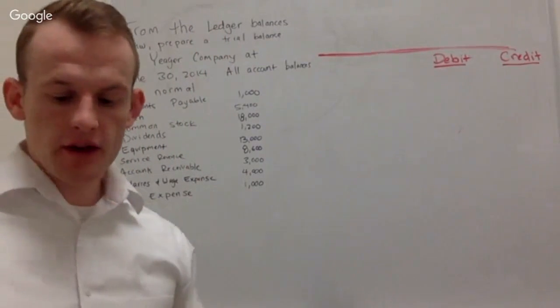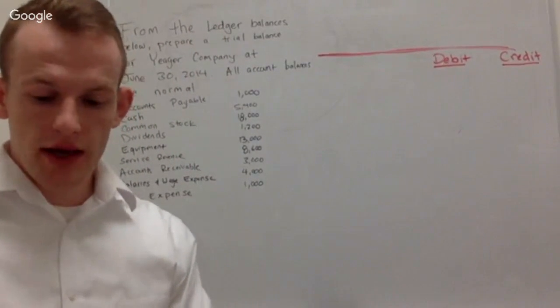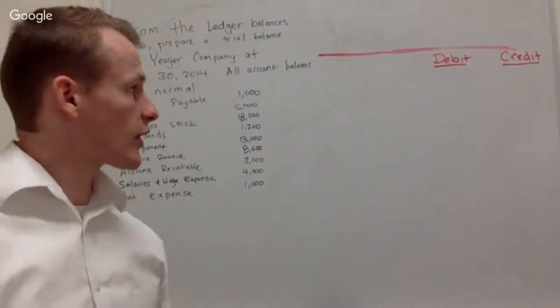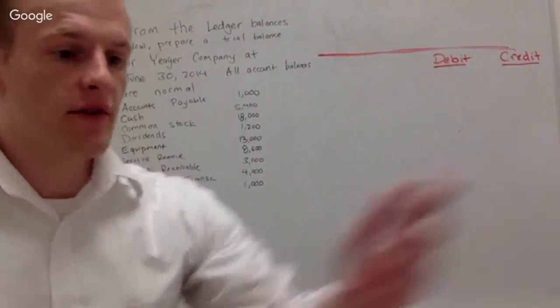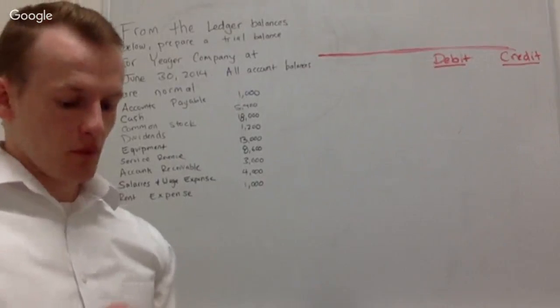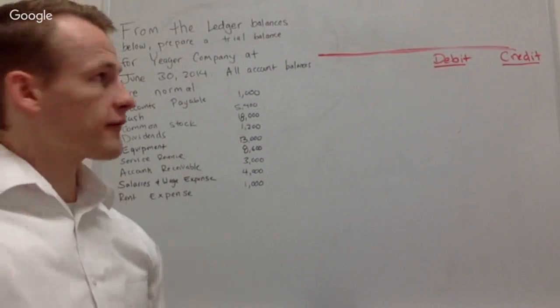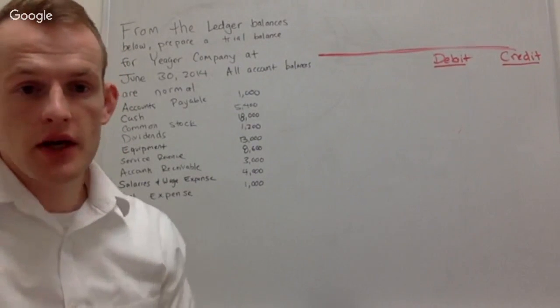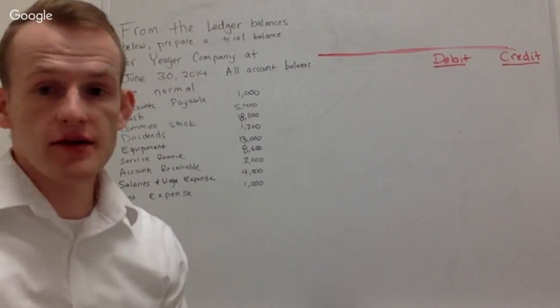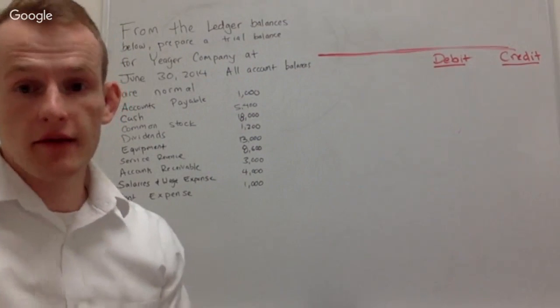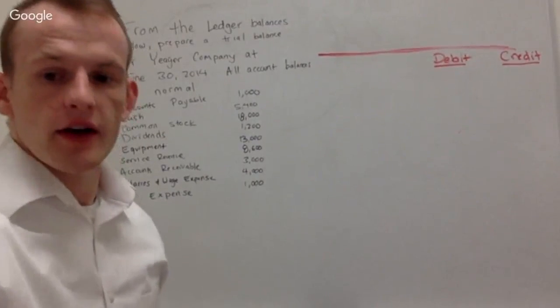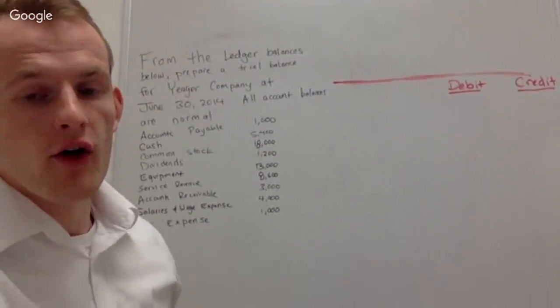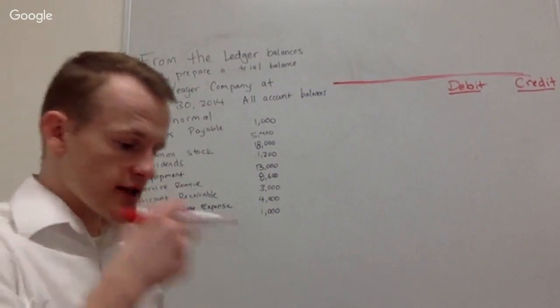Our first step is to begin creating the trial balance. Like most financial statements, we set it up by stating the company name, the name of the financial statement, and the date it's being prepared for. We can find all of this in the question itself.